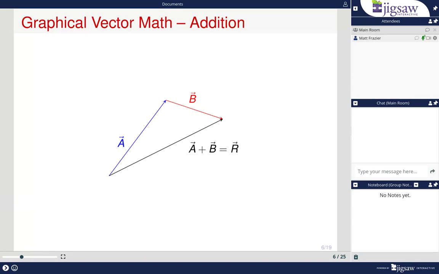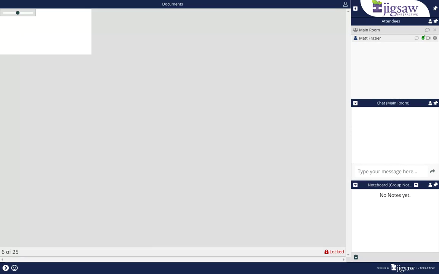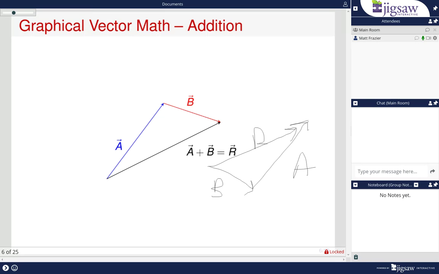These vectors A and B, let me turn on annotations here, and you can see the past stuff that I've done. I'm going to erase this because I don't like it. Yeah, here is some of this. Right. So we're going to draw again, and let's make the lines a little thicker. That might help.